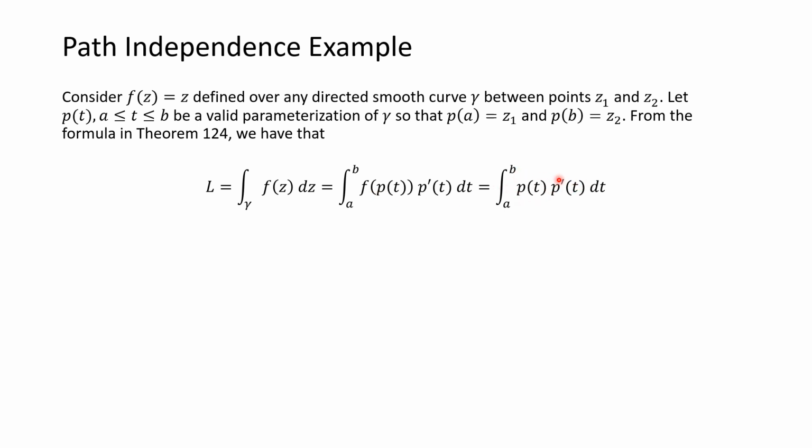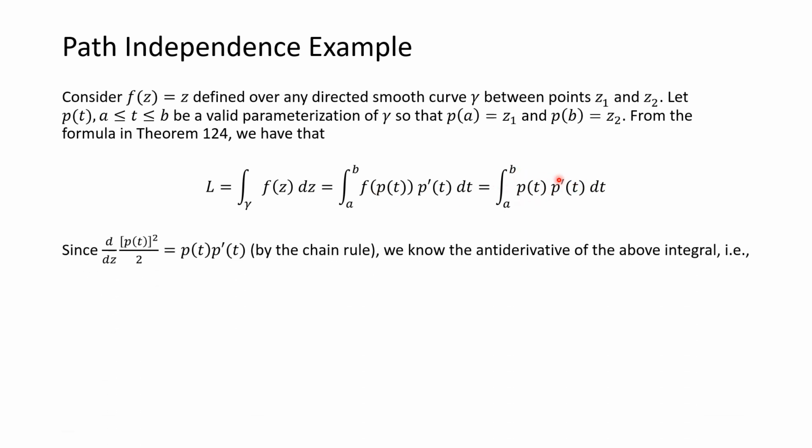So we have this formula here. Now we need to find the antiderivative, but if we use the chain rule on this function here, p of t squared divided by 2, we get 2 times p of t divided by 2 times the derivative of p of t, and the 2s cancel. And so we get this, which is this here.